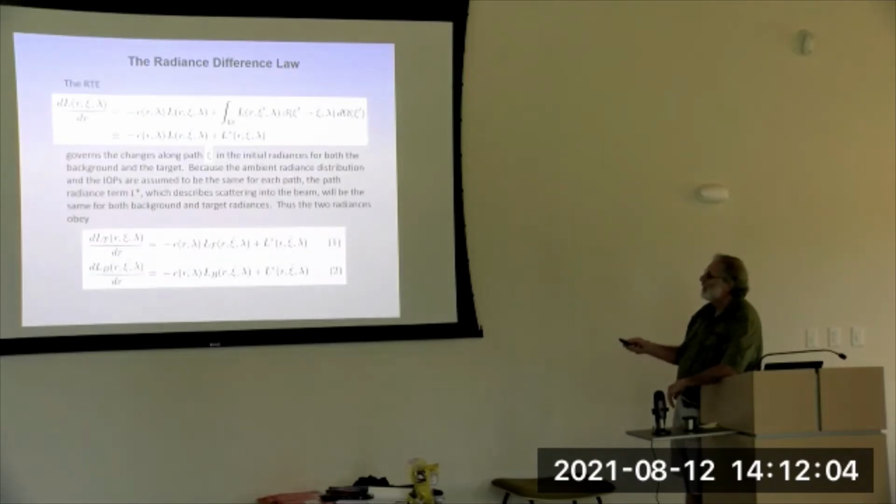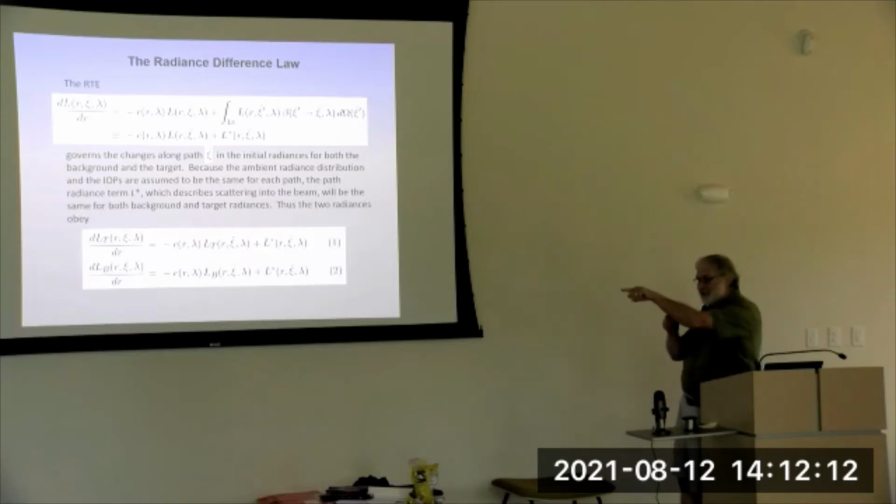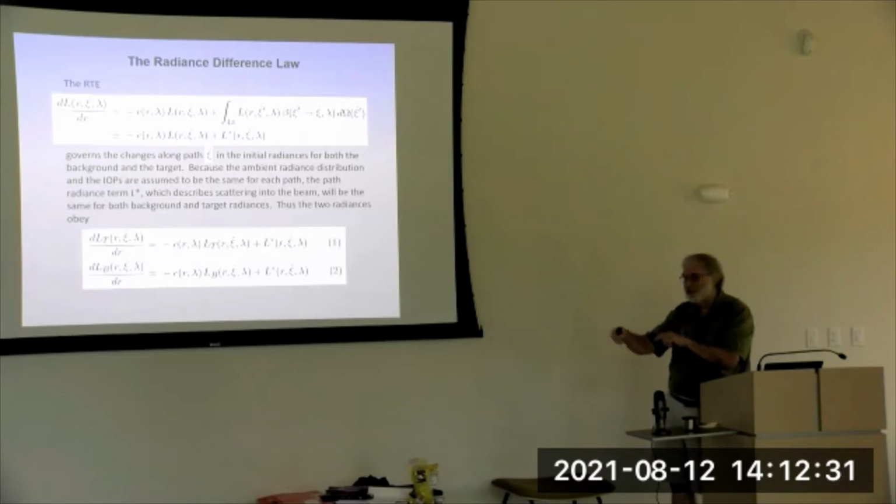So if we write down the radiative transfer equation, which you've all memorized now, you've got dL/dr, and r is the direction we're going here. The change of radiance with distance is minus beam c times L. And then there's the integral over all of the ambient directions, scattering light by the volume scattering function into the one direction that I'm looking at.